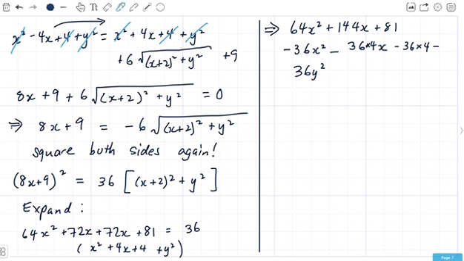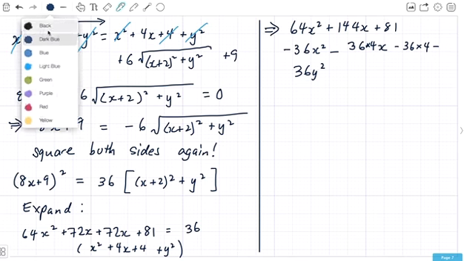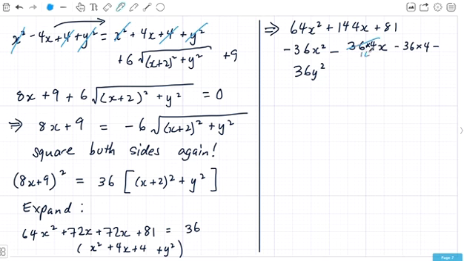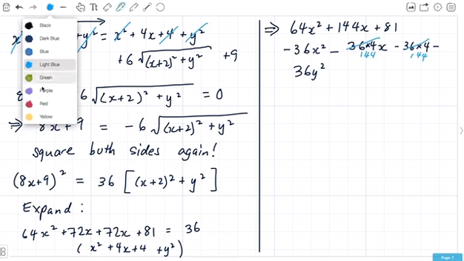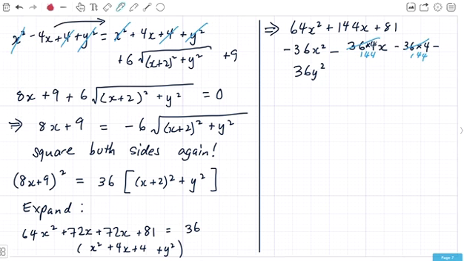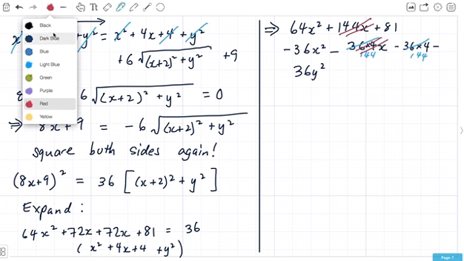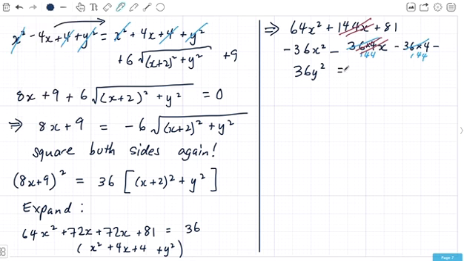Awesome, beautiful. And this is 144, and the nice thing here is that you can have a bit of cancelling, because you've got 144x and 144x there, so they cancel. We've still got the x squared and the y squared, and all of this is equal to 0 because I've taken everything to the left hand side. So let's simplify. 64 minus 36, you should get 28.